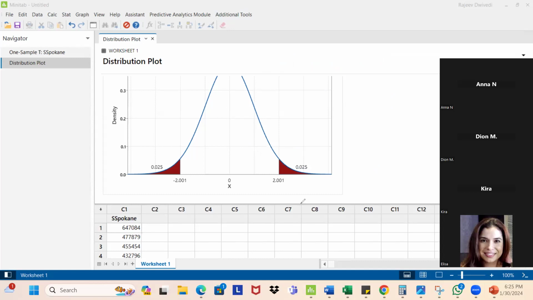Let's say you calculated the value and the t value is coming 2.01. This is the t value, which is very close to the cutoff point or borderline.